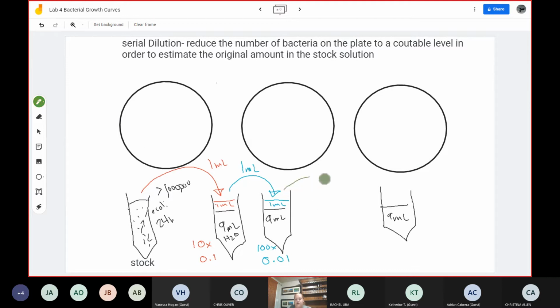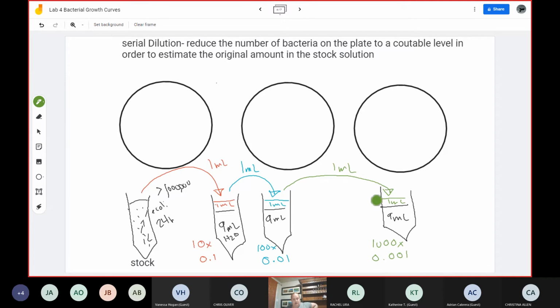Green. Sorry for those people who are colorblind. We would add 1 milliliter from our second tube into our final tube. This would now be at 1000x, just add another 0 there, or 0.001 times less concentrated than our stock solution.